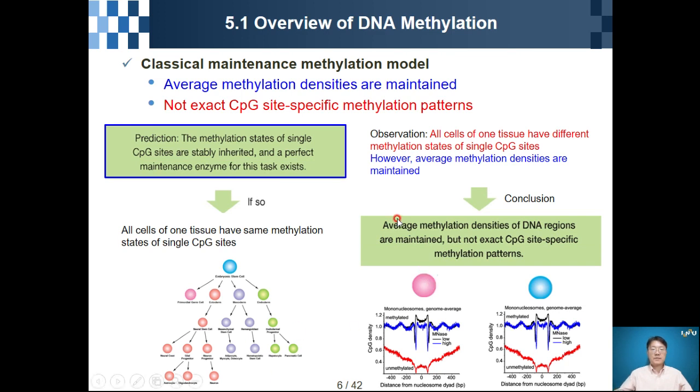For example, this cell becomes this cell, and this cell's offspring will be this cell, and so on. In this case, all cells have the same methylation status of a single CpG site.